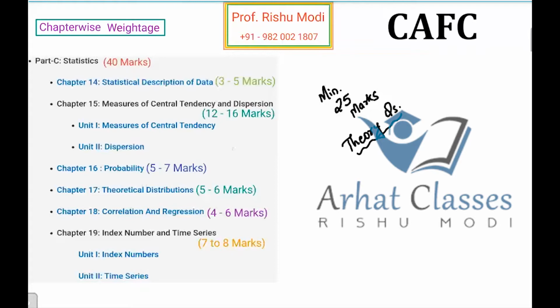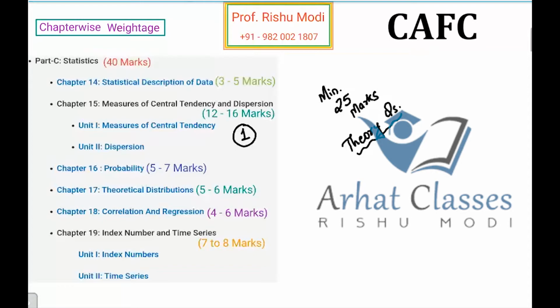So that becomes my first priority out of all these 6 chapters. Once I am done with this, with 15 or 16 marks from one chapter, I am much more relaxed. But again, in this 12 to 16 marks of MOCT and MOD, assume 80% of the questions will be theoretical. So please, please, please, whenever you do the statistics part, focus on theory as compared to the practical sums.